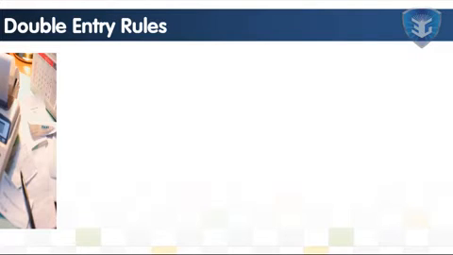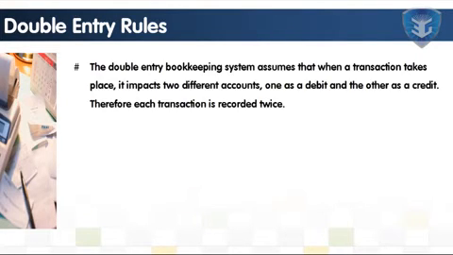The rules of double entry system. The double entry bookkeeping system assumes that when a transaction takes place, it impacts two different accounts, one as a debit and the other as a credit. Therefore, each transaction is recorded twice.